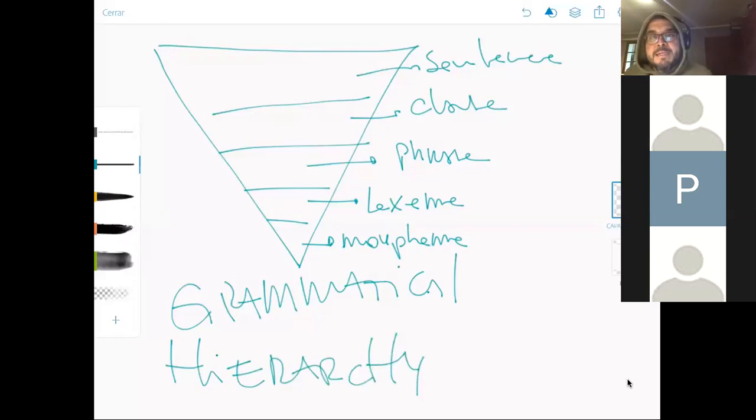So basically, every single linguistic item is made up of these elements.